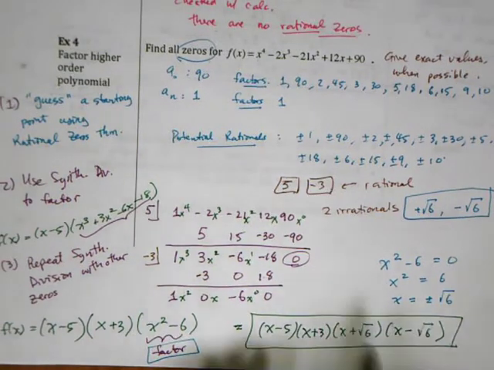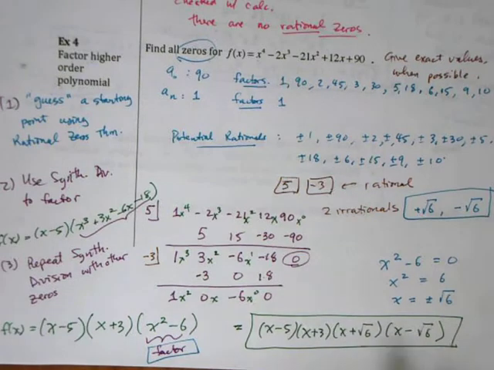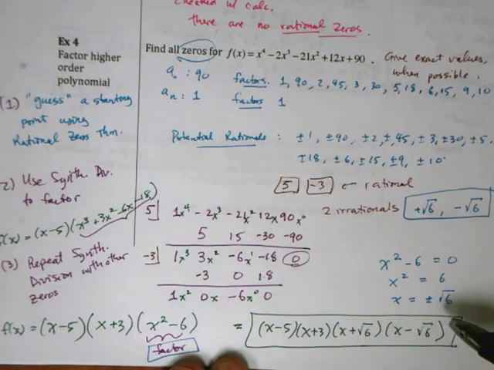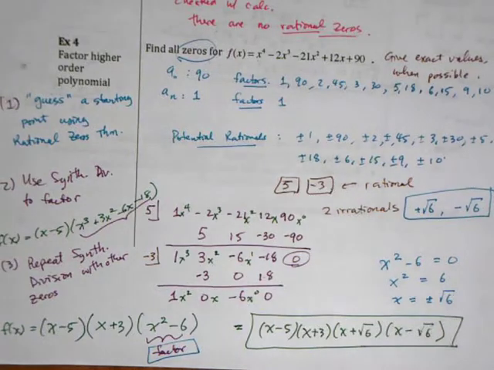You can see this has 4 zeros at 5, -3, negative square root of 6, positive square root of 6. You can look at the multiplicities. All of them have multiplicity of 1, and you can look at this problem now using the methods that we learned from sections 2.3 and a little bit of 2.4 to completely analyze this, to find the zeros, to find all of the detailed information that we need to do.